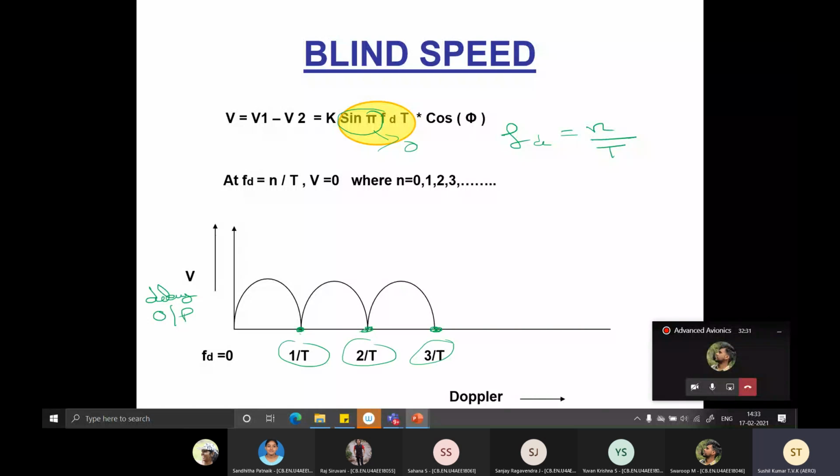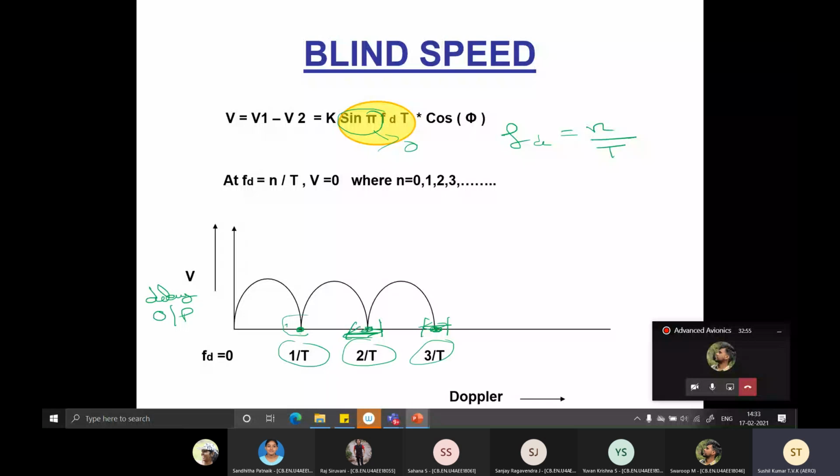But flying very close to 1 by T and maintaining that particular velocity is quite difficult. Okay. So you'll have some response, but a bit weak response in this area. So for this band of velocities, the response will be weak. That's all. But still you can manage to make out that something is moving.